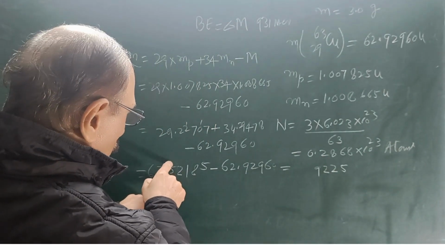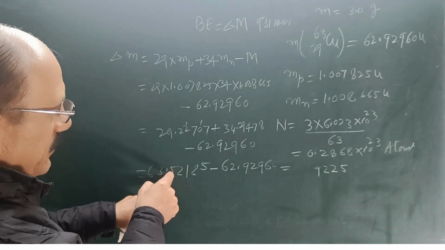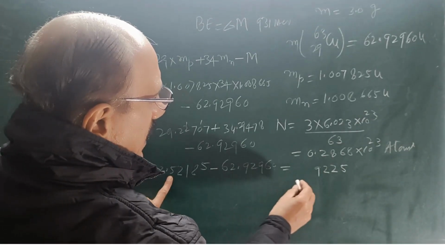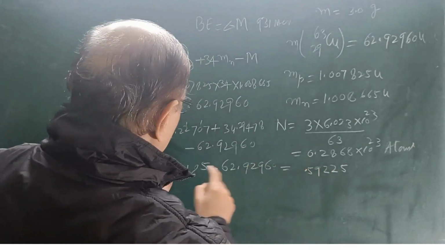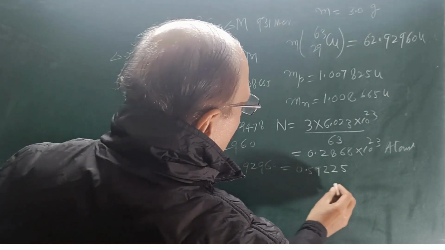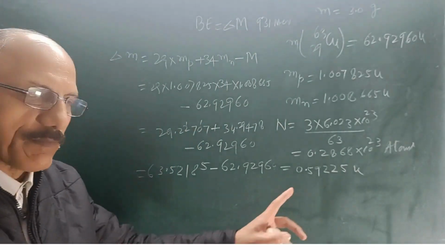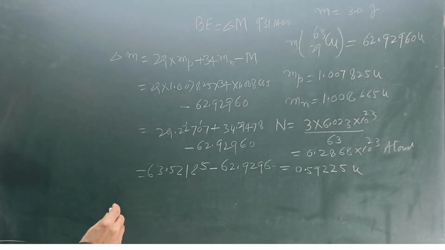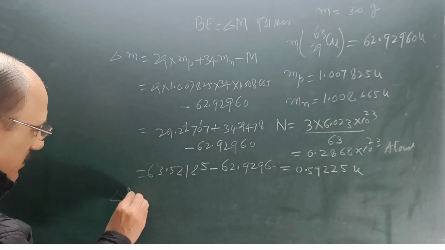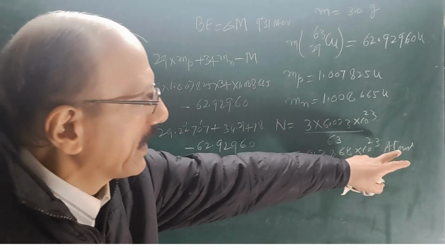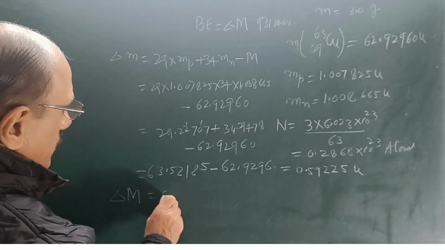Now it has become 4, so you take one remainder here, so it has become 14, and minus 9 is 5. And then 2 and 2, and then this will be 0. So this is 0.59225 atomic mass unit.